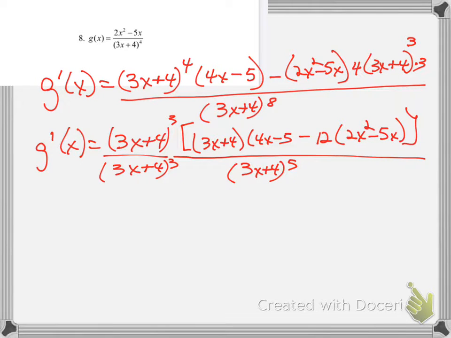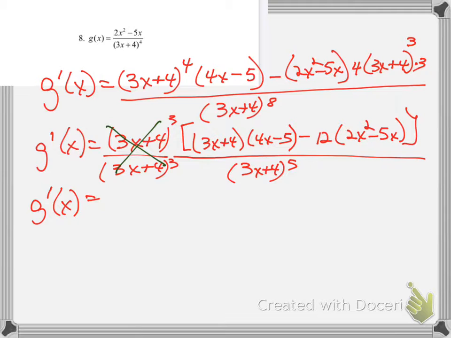Okay, so that's good. So now let's see what we have. Okay, so there's a paren here. All right, so we're good. Okay, so g prime of x equals, okay, I'm going to change colors, and I'm going to say we're going to get rid of this because it cancels.